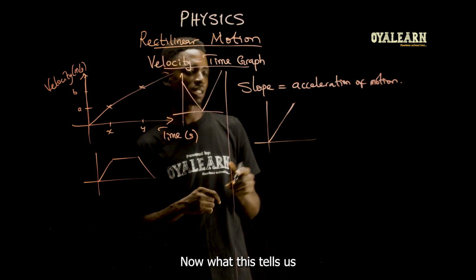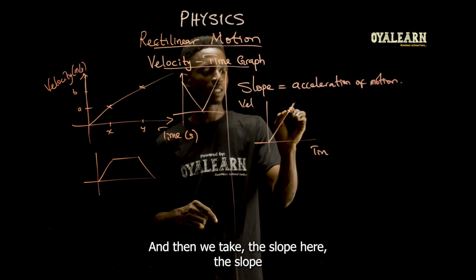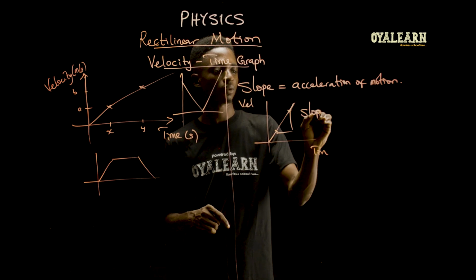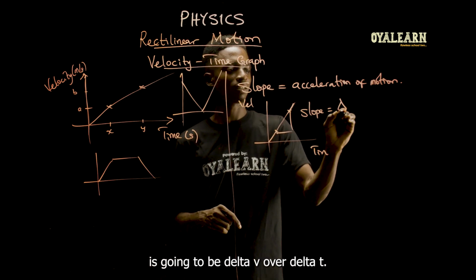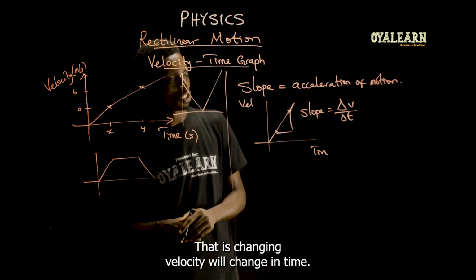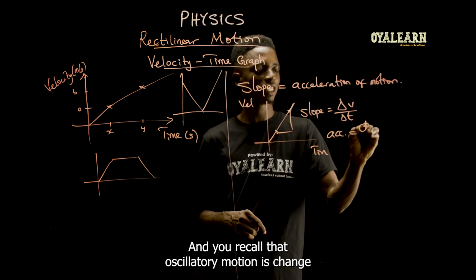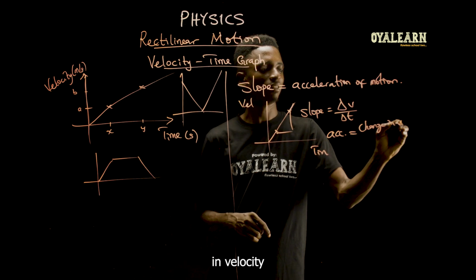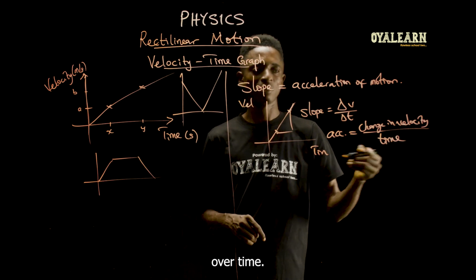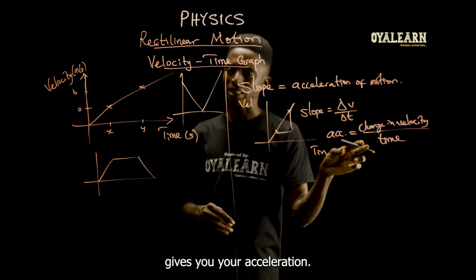If we have velocity here and this is time, and then we take the slope here, the slope is going to be delta V over delta T. That is change in velocity over change in time. And you recall that acceleration is change in velocity over time.